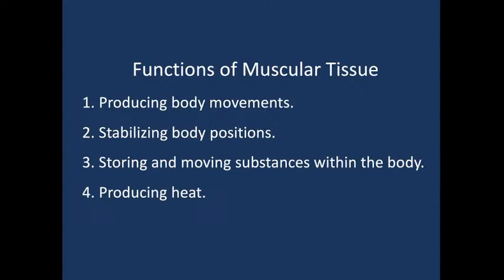Total body movements such as walking and running, and localized movements such as grasping a pencil or a ball, keyboarding or raising your hand, rely on the integrated function of skeletal muscles, bones and joints.